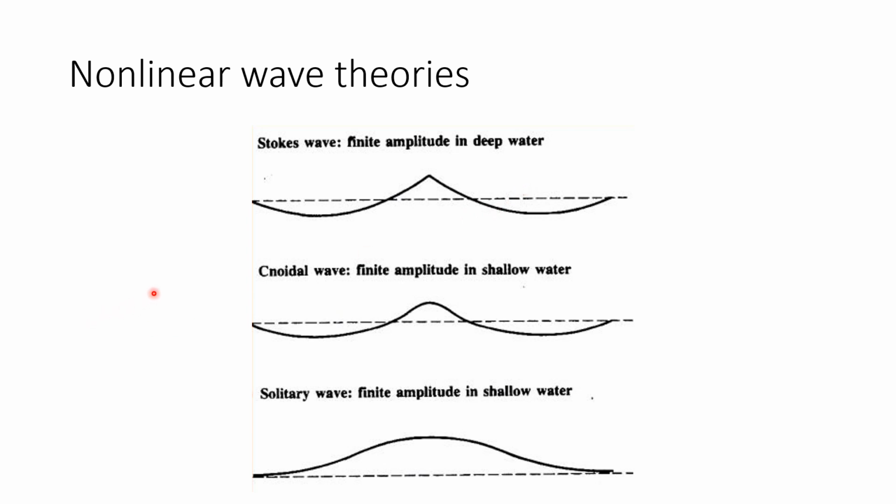We have an example of a cnoidal wave, whereby the trough is much longer compared to the crest, and we have an example of a solitary wave. So the different wave theories try to describe this surface profile and the propagation of these different waves.